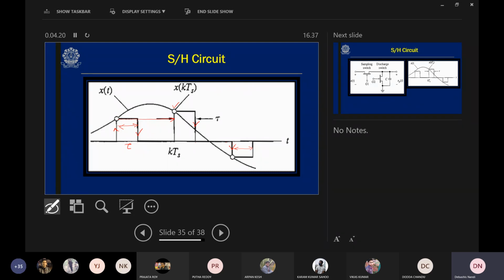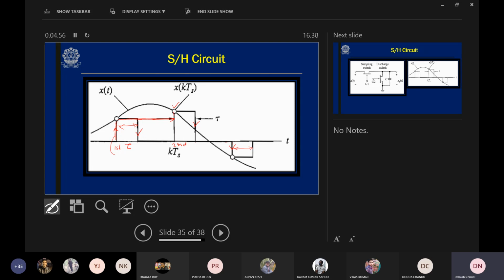This tau may be extended up to the next sampling time instant. Suppose this is the first time instant, and this is the second time instant. Here the signal is sampled at this time instant, and then it will hold the signal or voltage until the next sample is coming.